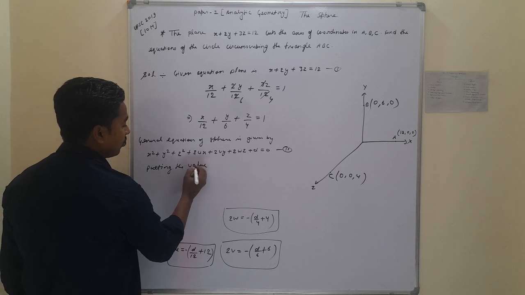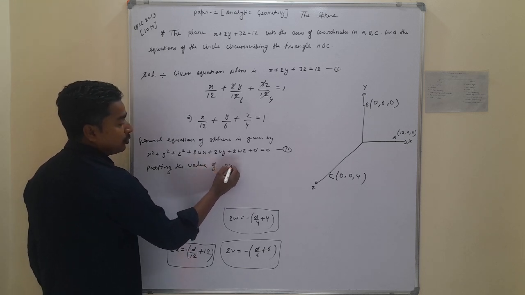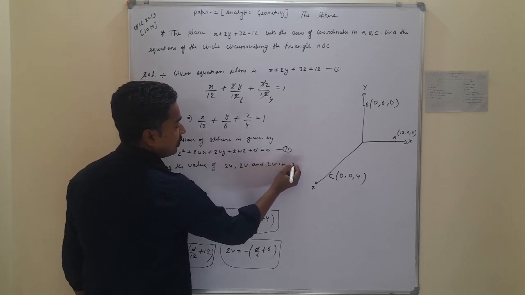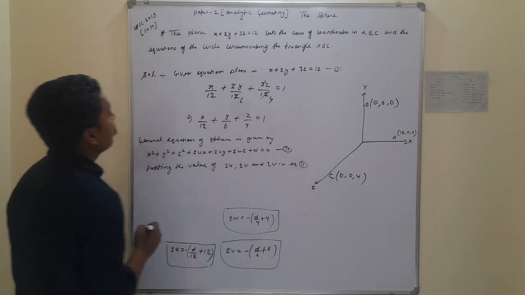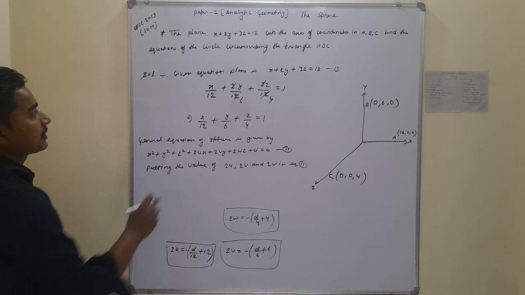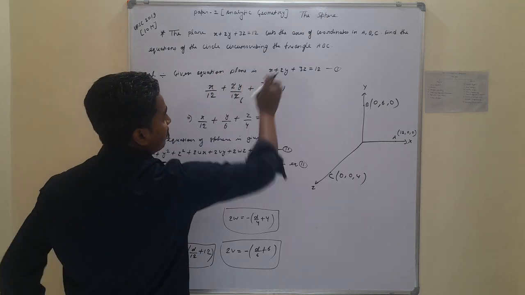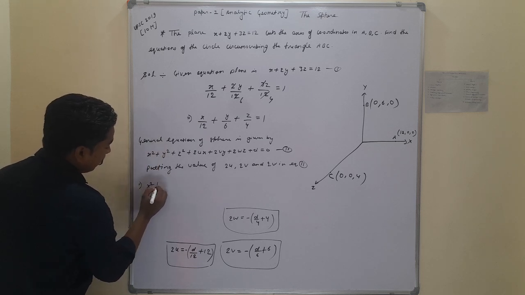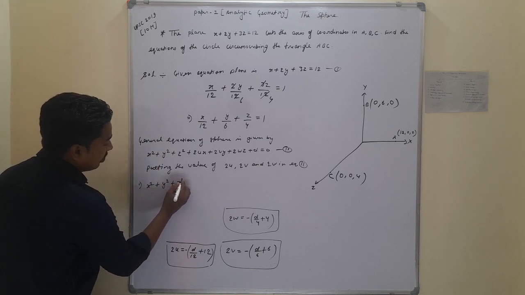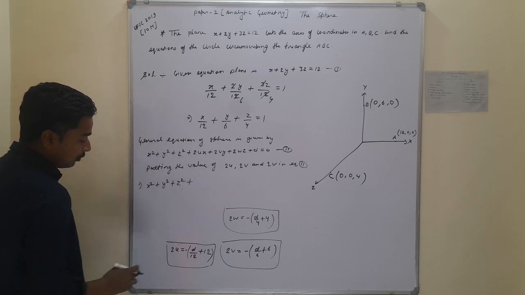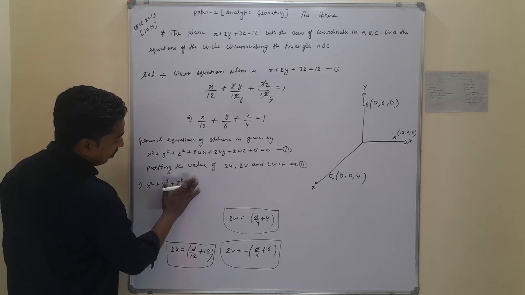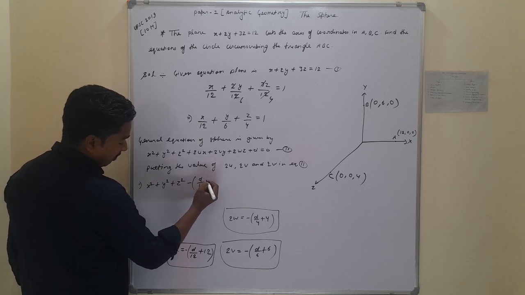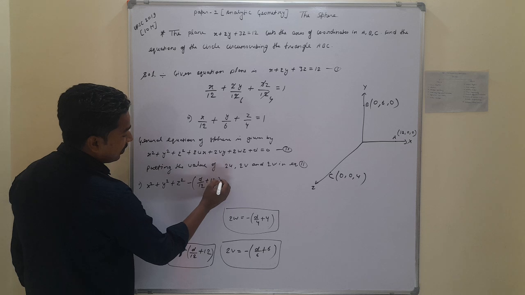Putting the values of 2u, 2v and 2w in equation 2, we get the required equation of the circle circumscribing the triangle ABC. So we put x square plus y square plus z square plus 2u, which is minus (d by 12 plus 12) into x.